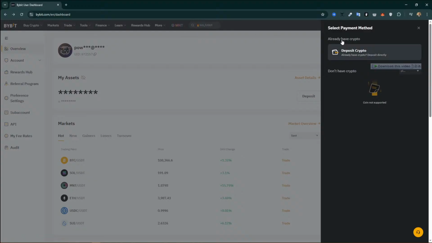So depositing, first method here is depositing crypto, and in case you have crypto in your other wallets, for example, you have crypto in your Binance wallet, or you have crypto in your MetaMask wallet, that's where you go.